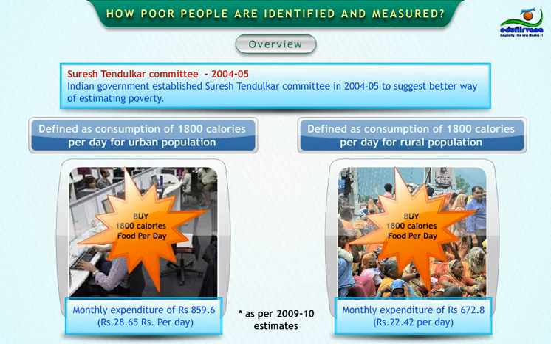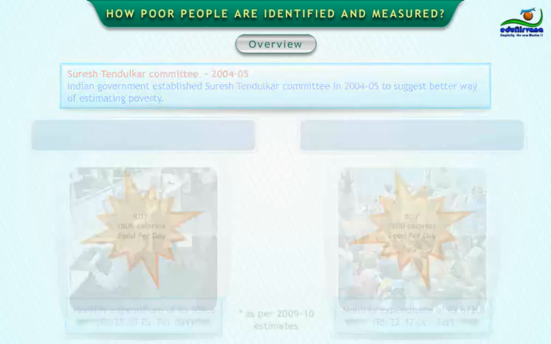Also, the calorie norm is revised downward to 1,800 calories per day.